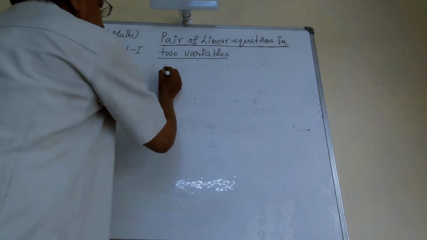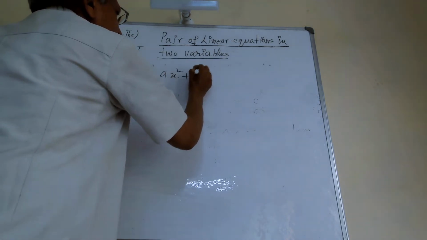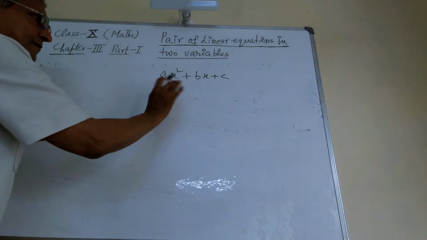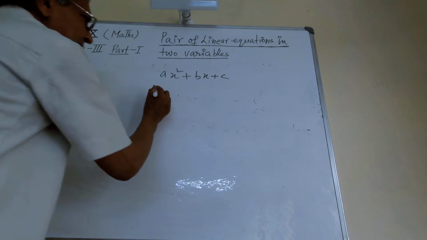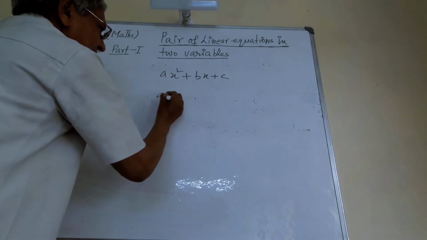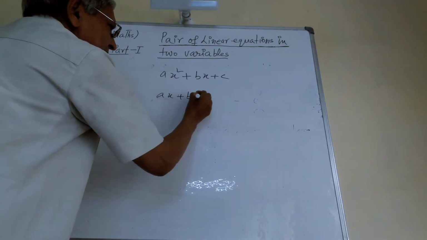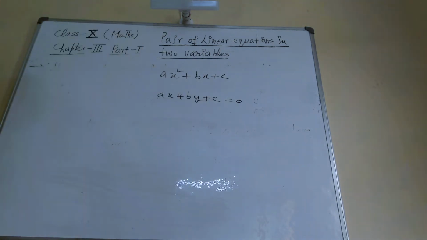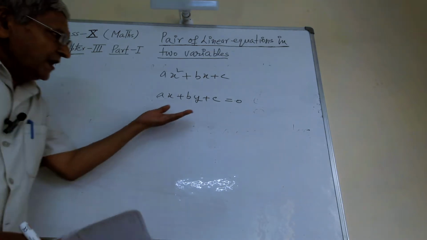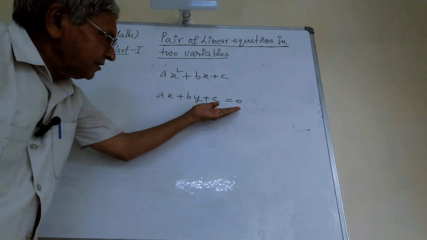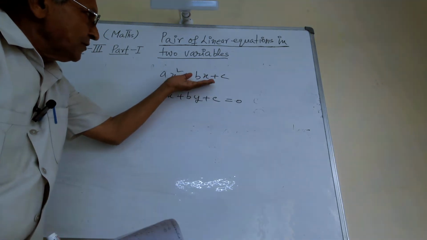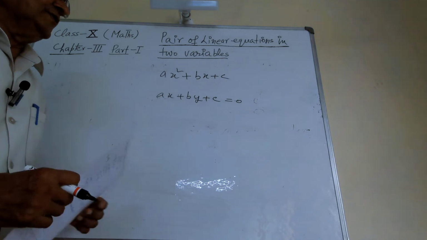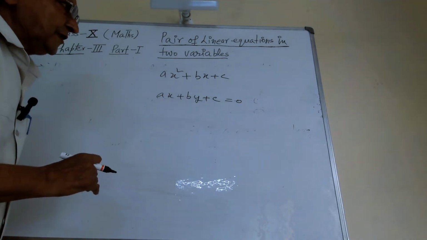This is a polynomial, ax square plus bx plus c. There is no sign of equality. And the equation ax plus by plus c is equal to 0, this is the equation. Equation has a sign of equality, and in polynomial there is no sign of equality. This is the difference between polynomial and equation.